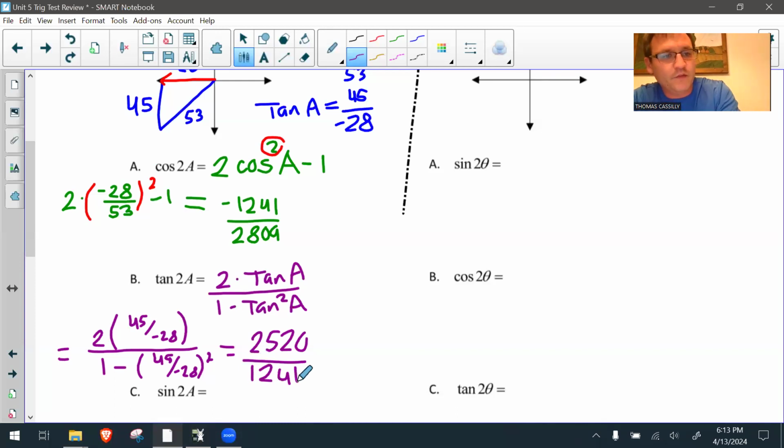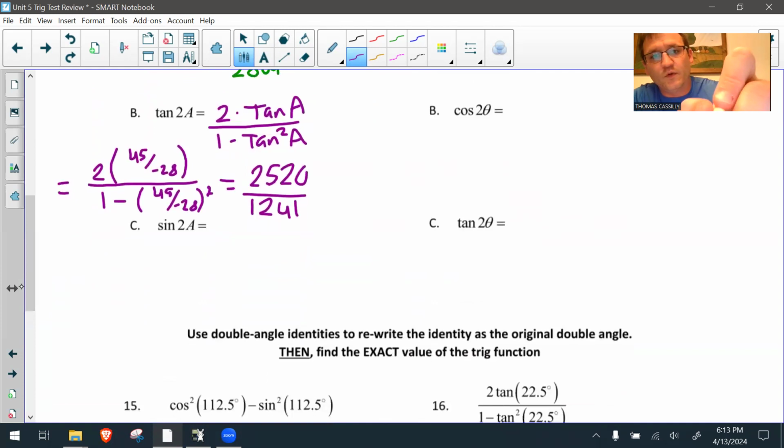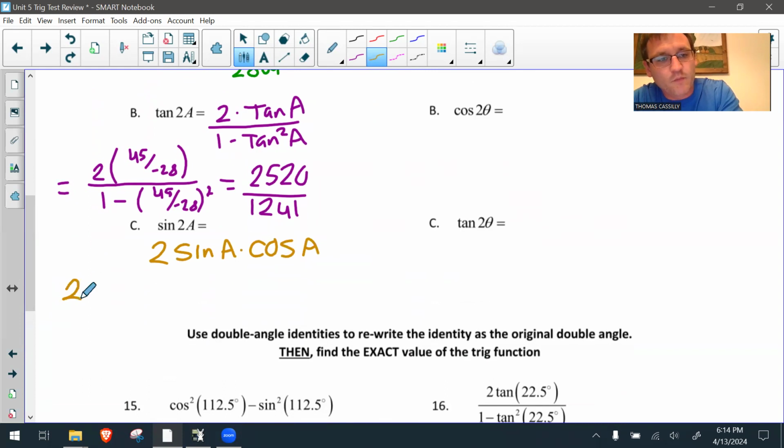And then the last one, the sine of 2a. This identity, there was only one of these. I think this one's the easiest one. 2 times the sine of a times the cosine of a. Well, maybe not because you have two things in there, but that's okay.